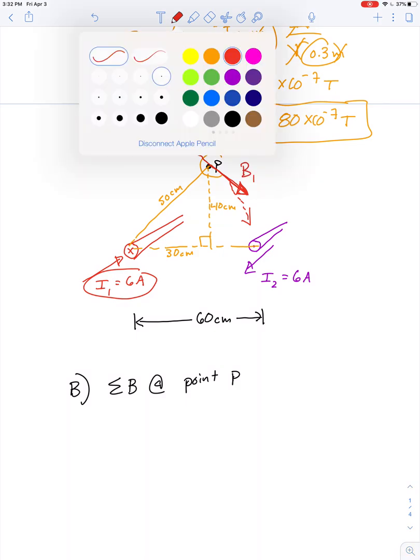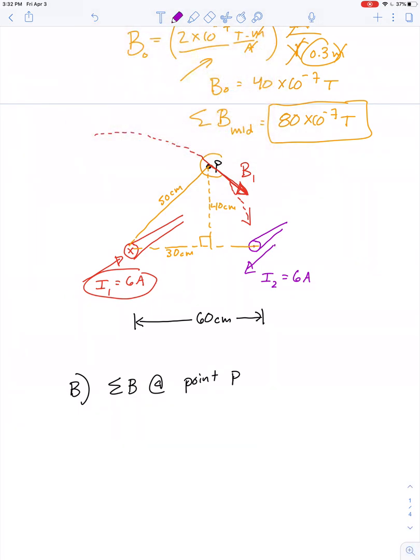So in the same manner, you can point your thumb out of the page and imagine a circular magnetic field line with this wire at its center that goes around in a counterclockwise circle and passes through point P. So that's a circle that goes around like this. So we draw in a line tangent to that circular path at this point.